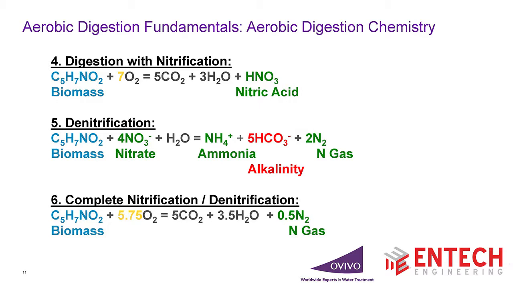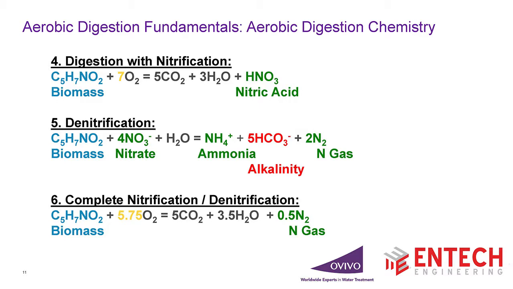Equation 5 shows the portion of the digestion that we're doing using the nitrate that we formed, and what you see is that the biomass is converted into alkalinity. So we're actually producing alkalinity now, and then nitrogen gas. We take the nitrogen from the biomass and put it back into the atmosphere. So we actually get 2 things.